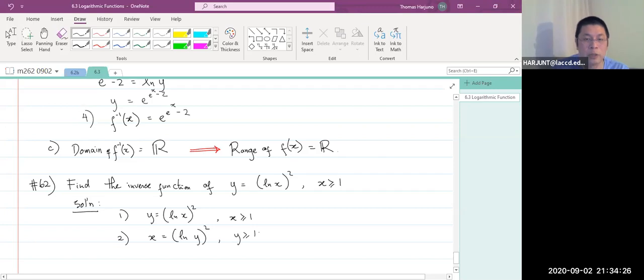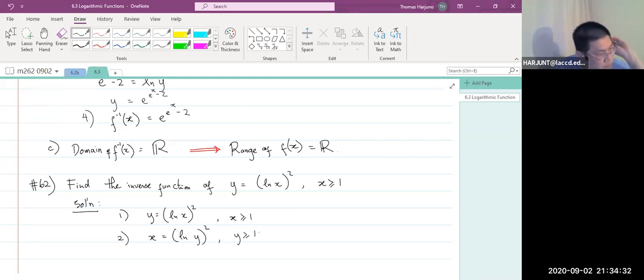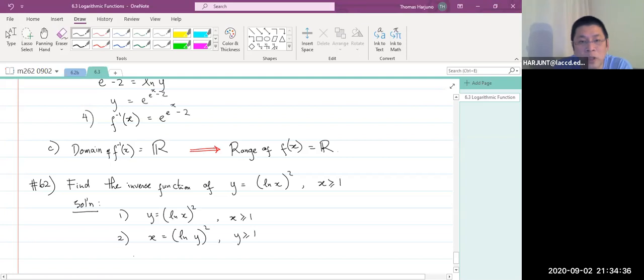The y has to be greater than or equal to 1. Now then, if y is greater than or equal to 1, then the square root will be positive. Is it right? This has to be positive.